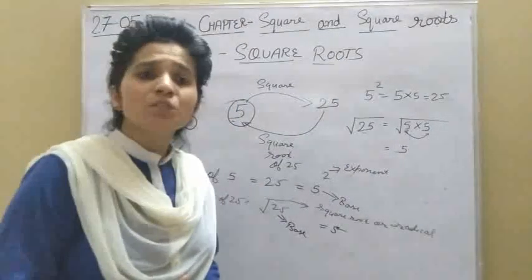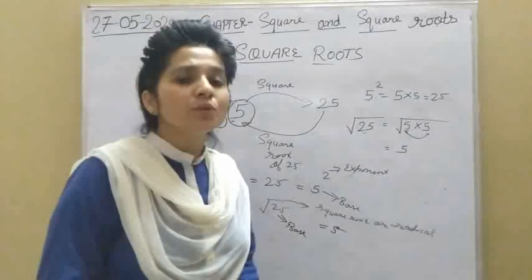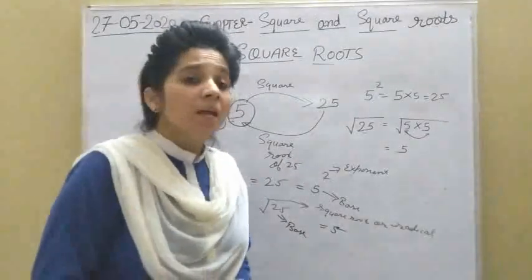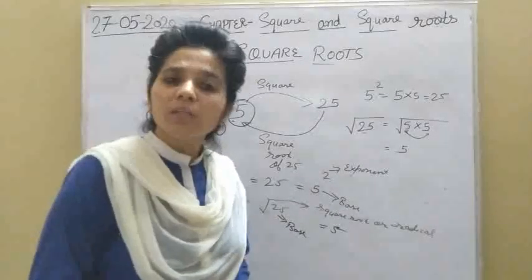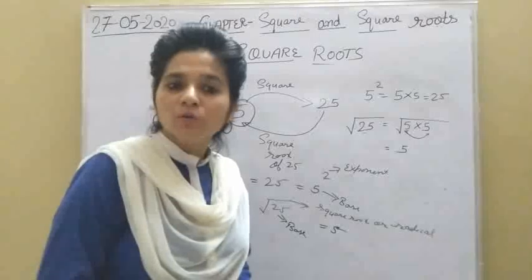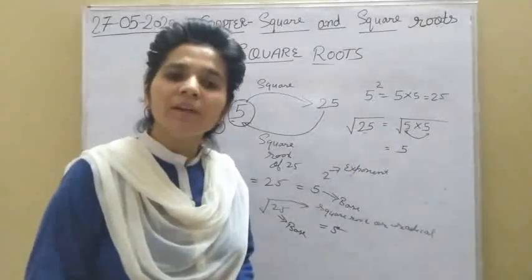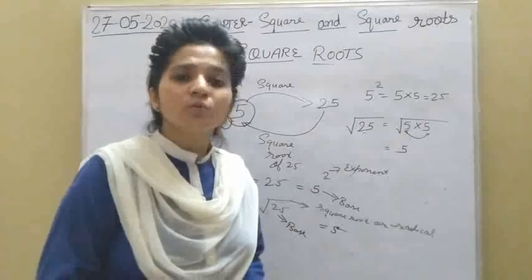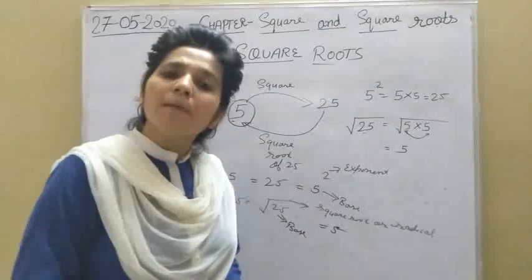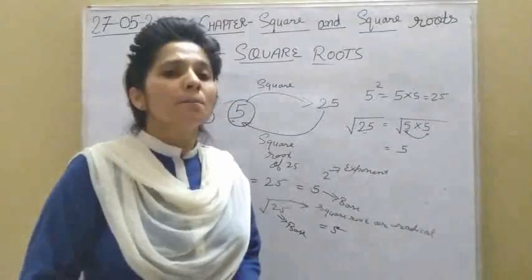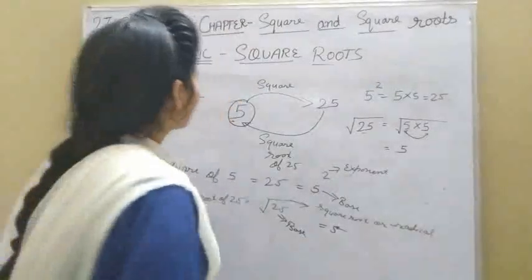Now, the next topic is how we can find out the square root of a given number. There are various methods, and with the help of these methods, we can find out easily the square root of any given number. So, today we will discuss only one method, and the name of the method is by prime factorization method.